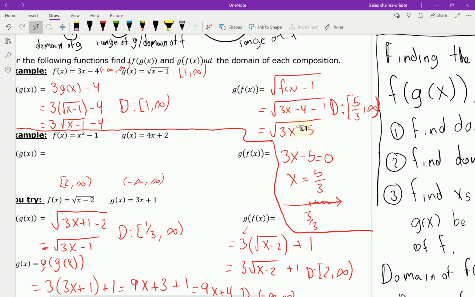Another way to see this is that this is the simplified form of the composition. We do not want negatives inside the square root. So let's just figure out what's going to make it negative. I'm going to set the inside of my square root equal to 0. That gives me 5/3. And it turns out that things bigger than 5/3 should be the domain of this composition of functions.